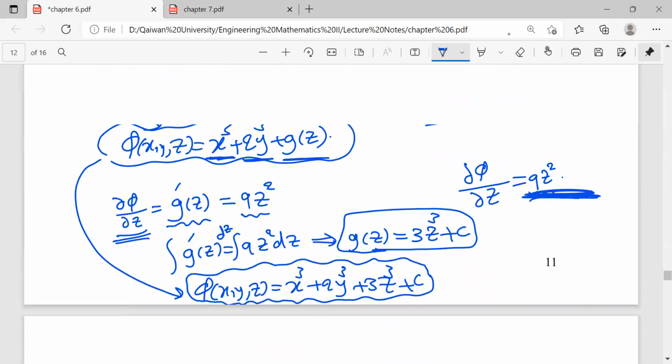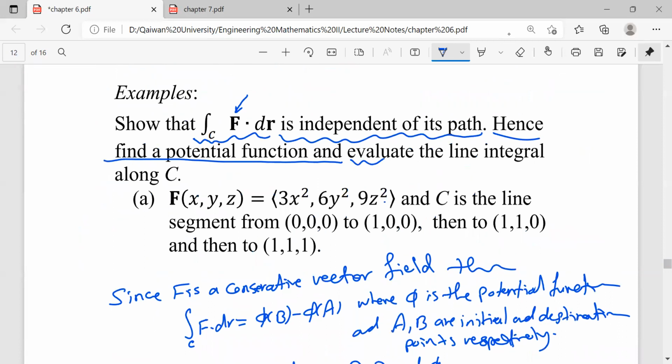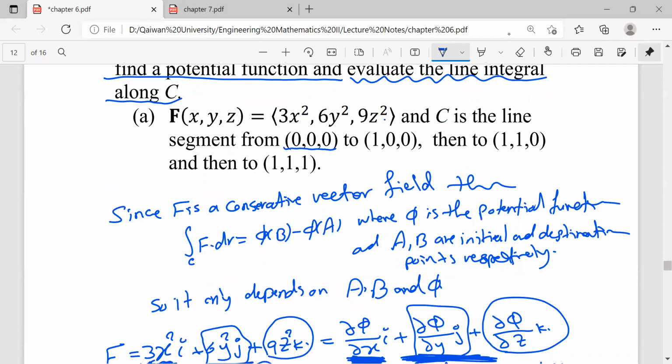Now we have the potential function. Then it says evaluate the line integral on C. Here, this is the initial point. It says from this point to that point, then to that point, then to this point. That means we go from 0, 0, 0 to 1, 1, 1.